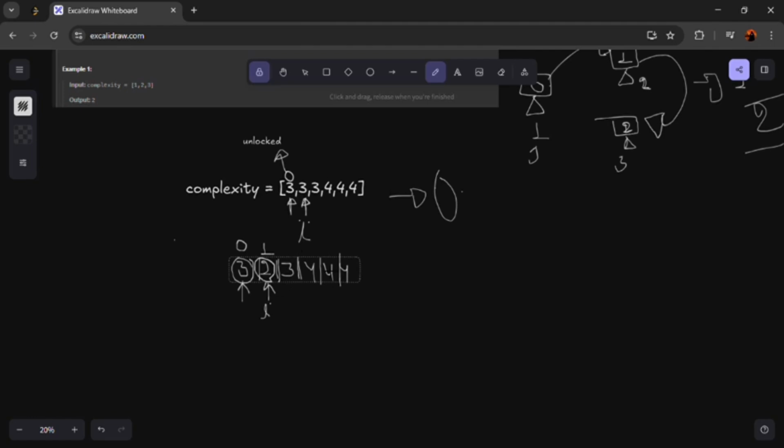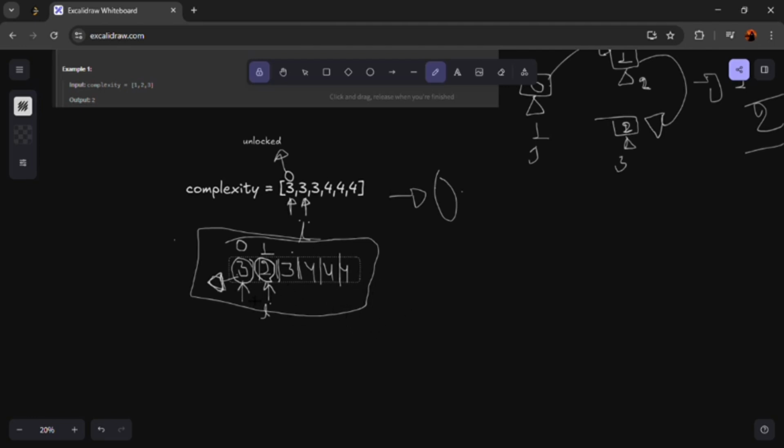Because each computer is unlocked by this 0th computer if and only if this is the minimum value in this whole complexity array. Okay, means in the complexity array, the minimum value must be at the 0th index, then we can unlock the whole array. Okay, then we can unlock the whole array.